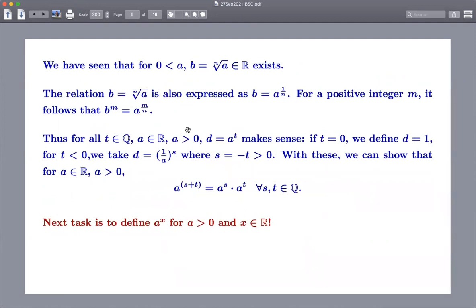Now, the nth root of a we have written, but it can also be expressed as b is equal to a to the power 1 over n.